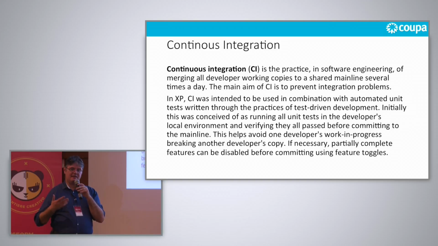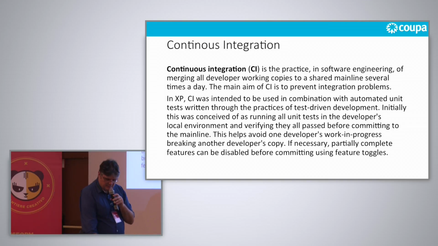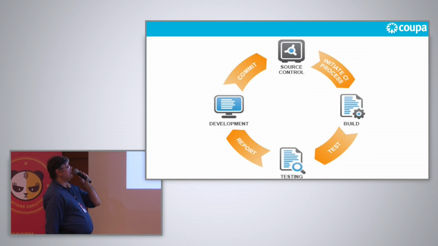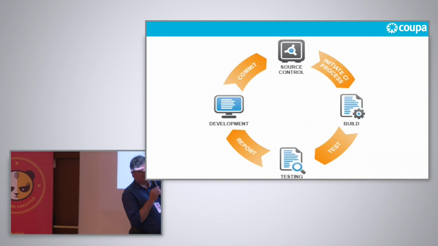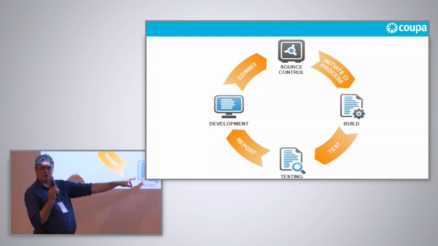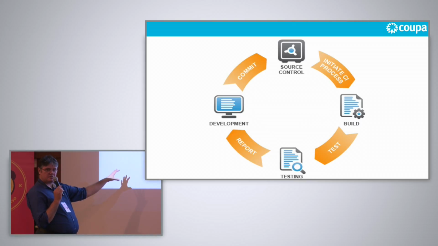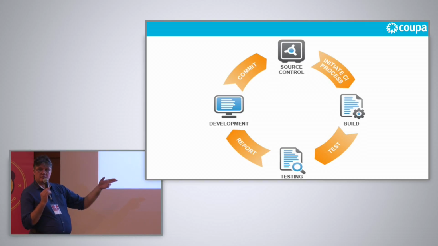We write our software daily, with testing. The process should be something like this. I commit to my source control, I start the CI process, I build, that's fine. I test, I report to development what's happened. In this phase, we move on to continuous deployment. Because I have a build, I can move to continuous deployment. I get the build, I test, I release.